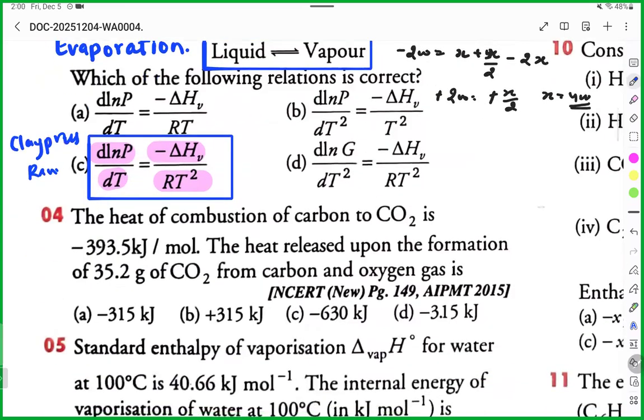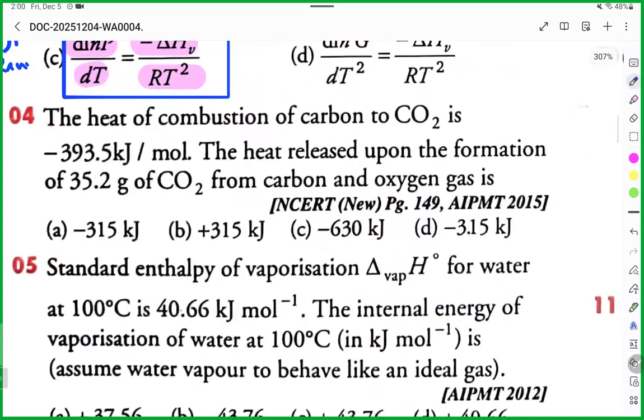Okay, do this question. The combustion of carbon to CO2 is 395 per mole. The heat released from this of CO2 will be the heat of combustion. You can do this question, you can tell. Combustion of carbon.